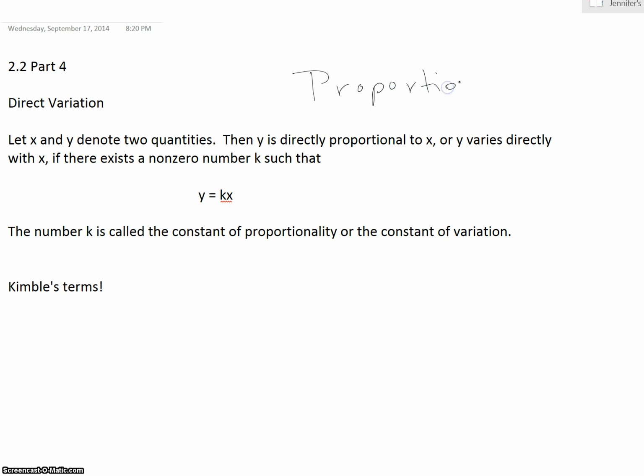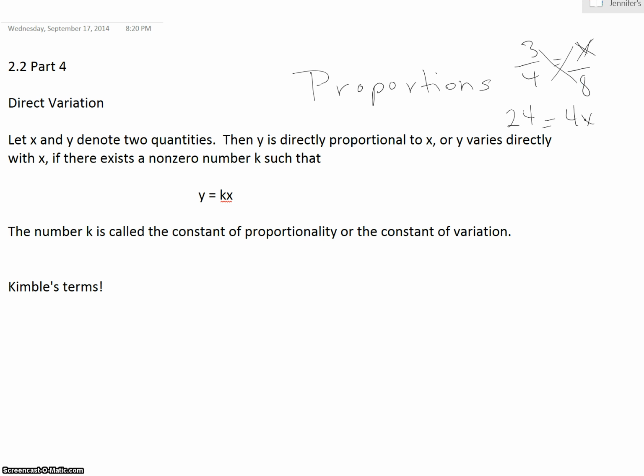Proportional values can be written as linear equations, and let me show you why. If you had 3 over 4 equals x over 8, you could write that as a linear equation in the sense that if you were to cross multiply, you would get 24 equals 4x.